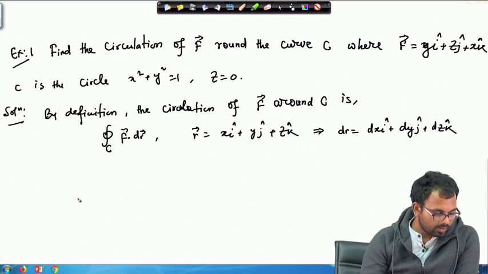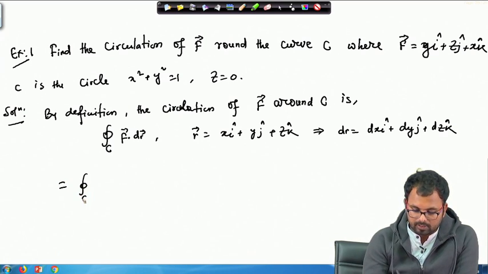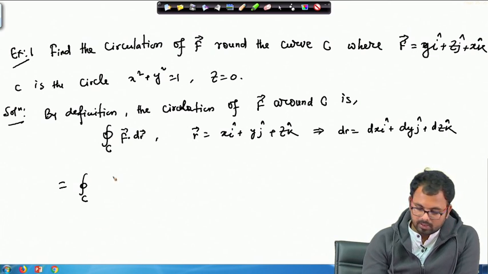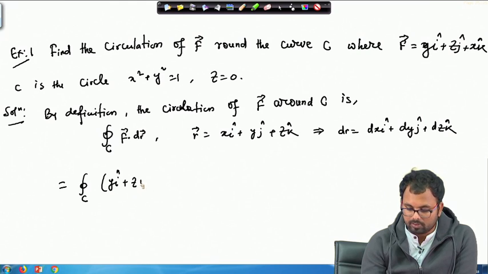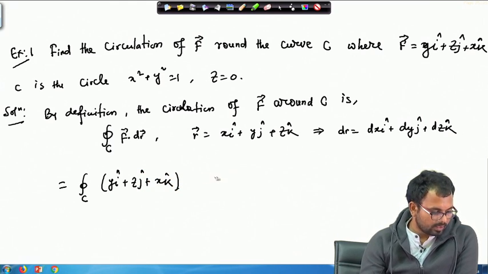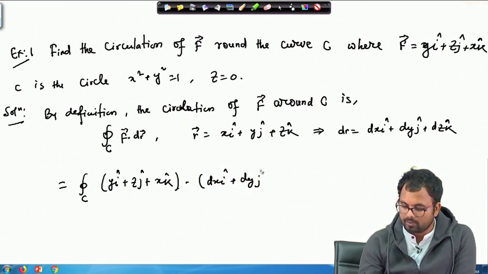Now if I write the integral over the curve C of yi plus zj plus xk dotted with dxi plus dyj plus dzk.